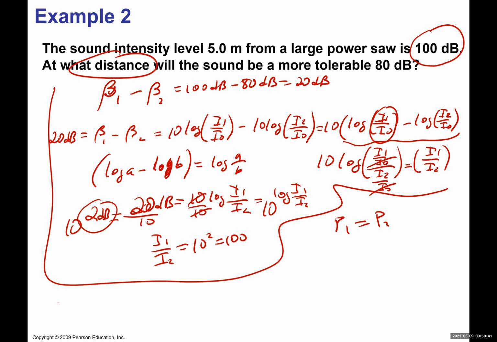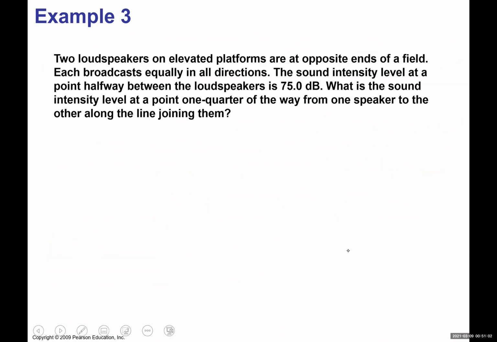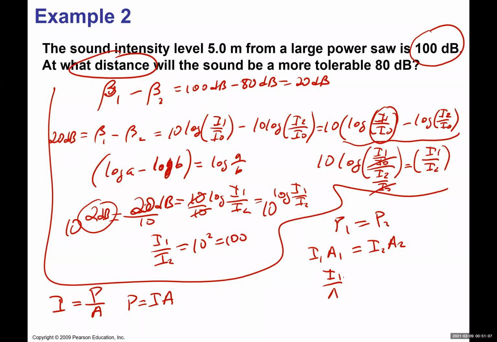Remember, intensity is power per area, so power is intensity times area. That means power 1 is intensity 1 times area 1, and power 2 is intensity 2 times area 2. So the ratio of I1 over I2 is equal to the ratio of A2 over A1.